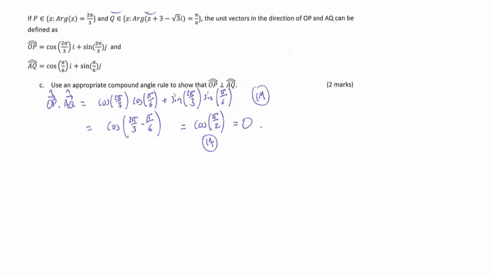So we're now going to talk about P being the set of all complex numbers marked by the first ray, the ray with open circle at the origin, and Q being the set of all complex numbers marked by the second ray, the ray oriented at 30 degrees with respect to the positive real z-axis that had been translated to point A, we'll call it. Okay, so obviously P isn't the set, P is a member of the first set and Q is a member of the second set. So it's some member of that set.